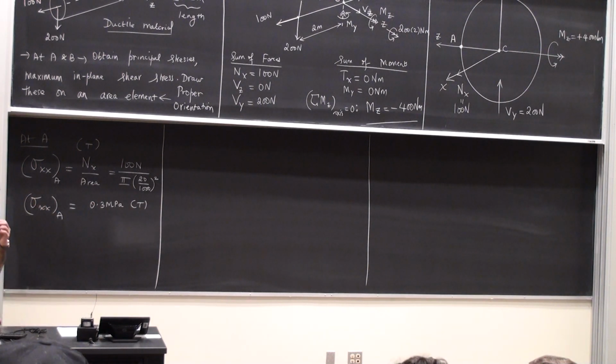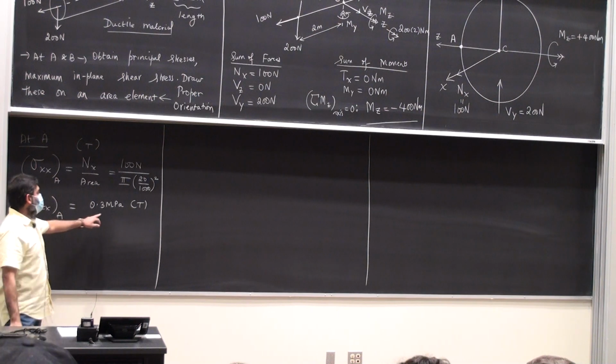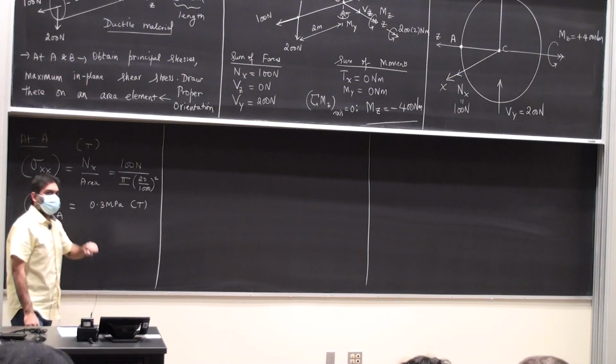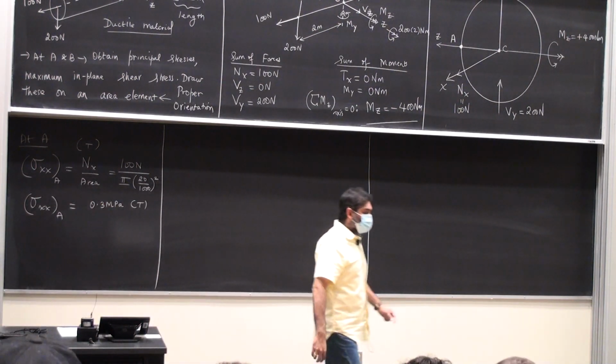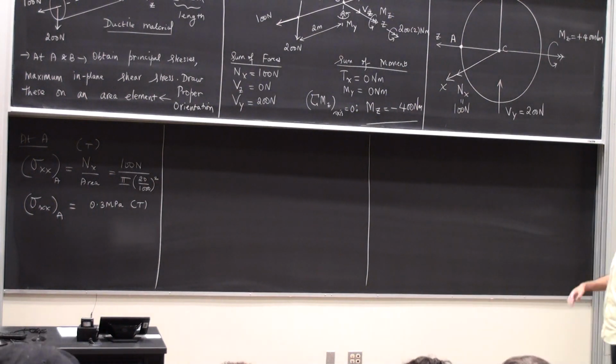Okay? And in the meantime, can somebody quickly check this number, because I feel like I have something there. But I'll continue with calculating the shear stresses at the point A.